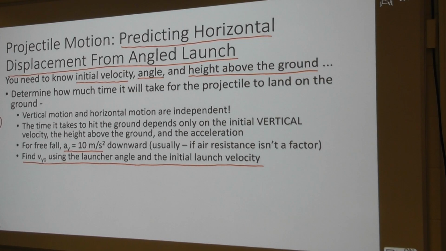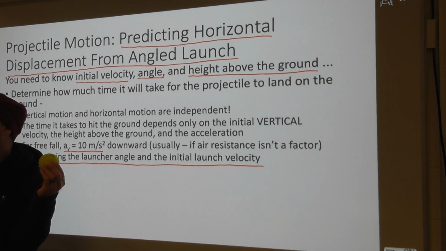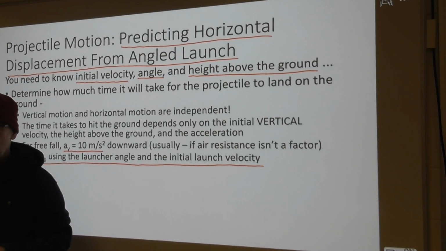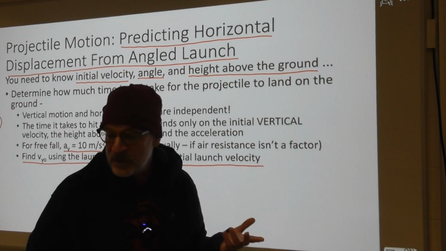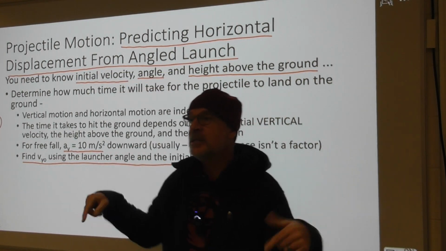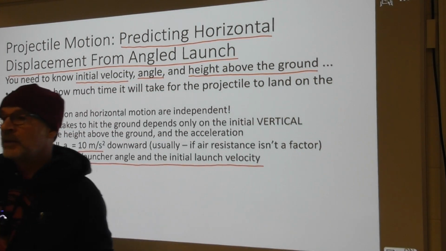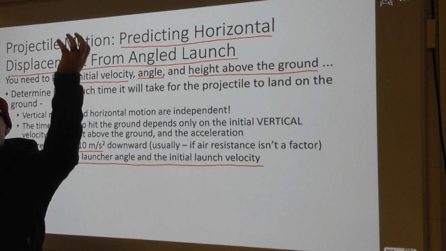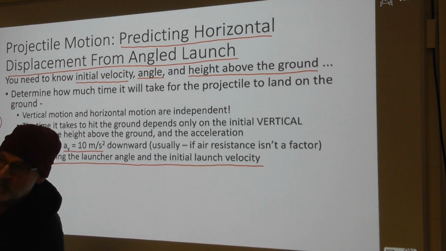Or I could throw it perfectly horizontally. If I just pushed it straight out like this, then when it left my hand, its initial velocity would be all horizontal. There would be no vertical component. The vertical part of its velocity would be 0. But the vertical part of its velocity is experiencing downward acceleration. So if I throw it up, it's going to slow down and then speed up as it moves down.